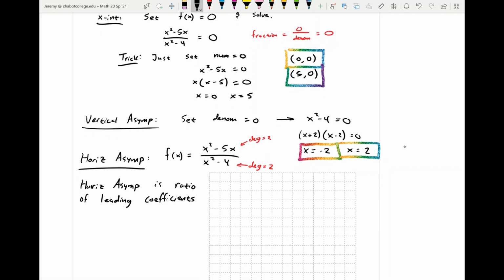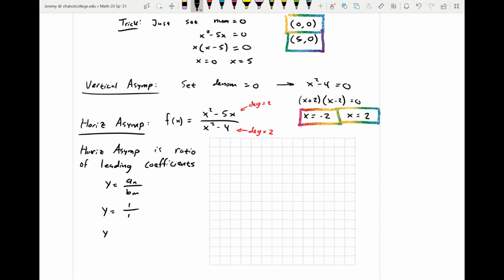The way we wrote this before is y equals a sub n over b sub m. So in this case, it's y equals 1 over 1. So it's just the line y equals 1.